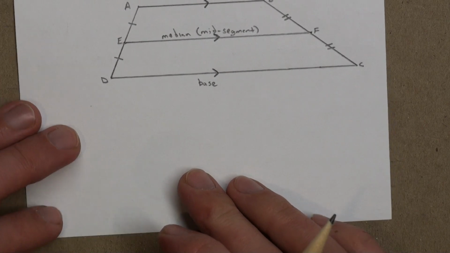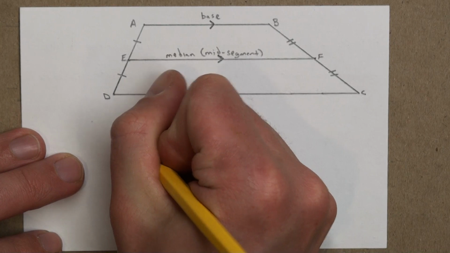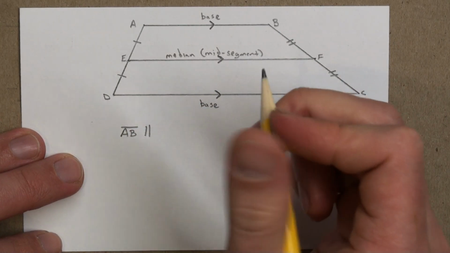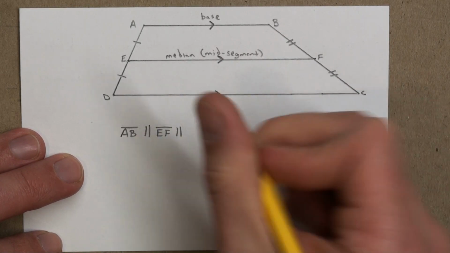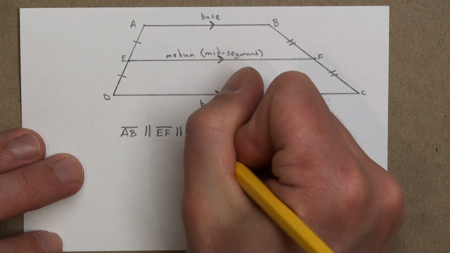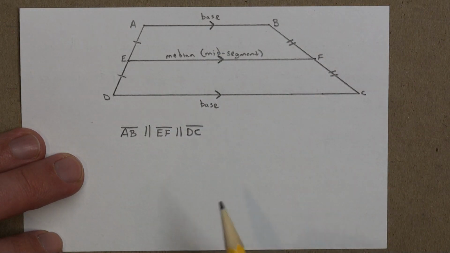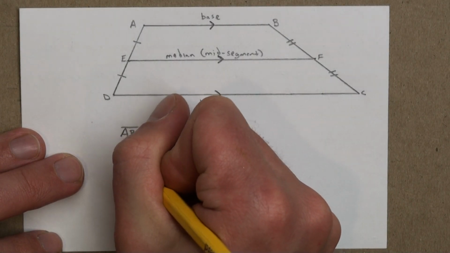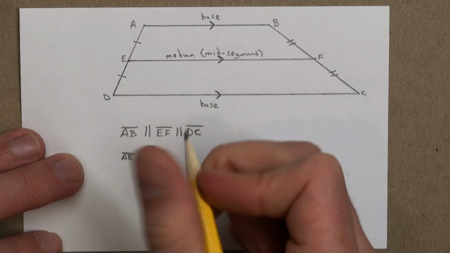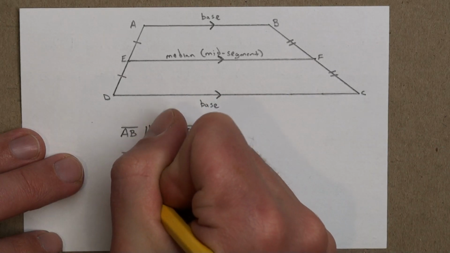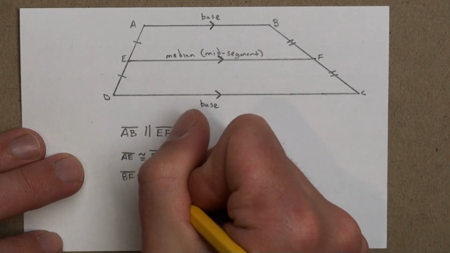Okay? So here's what we know. We know that AB is parallel to EF, which is parallel to DC. Okay? So the bases are parallel and they're parallel to the mid-segment. We know that segment AE is congruent to segment ED. We know that segment BF is congruent to FC.